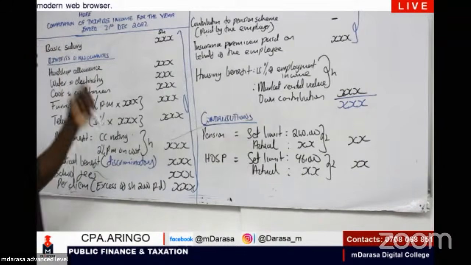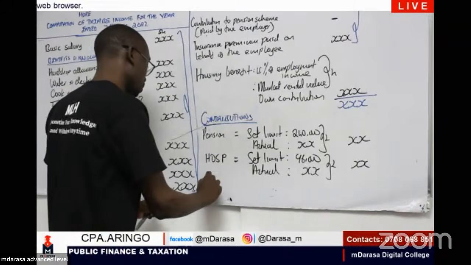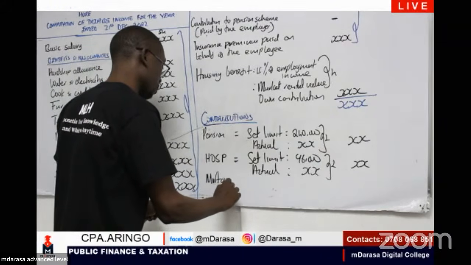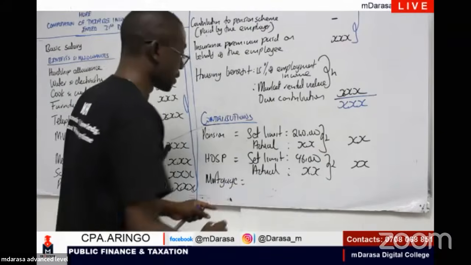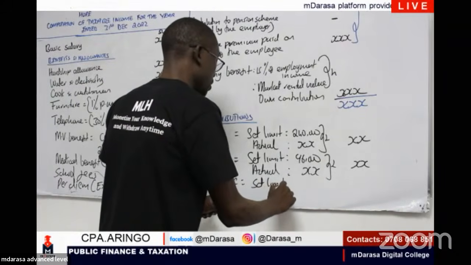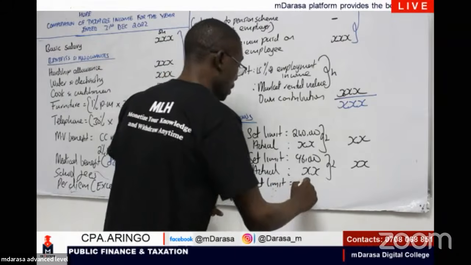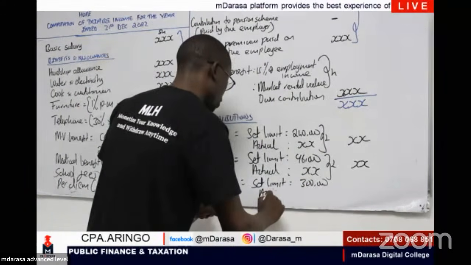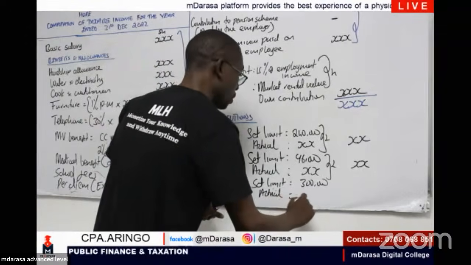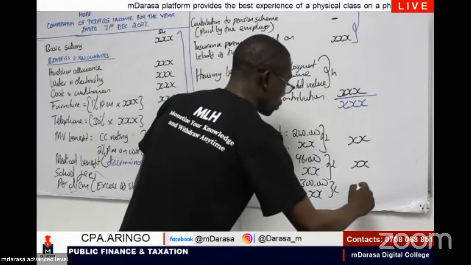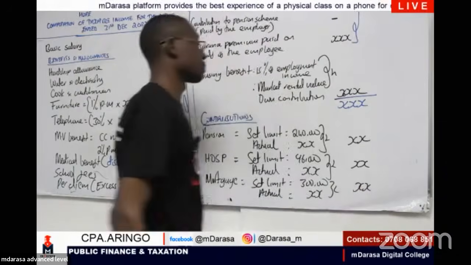You have your mortgage. Set limit, mortgage interest, 300,000. You compare with actual. Whichever is lower is the one that you're going to consider here.